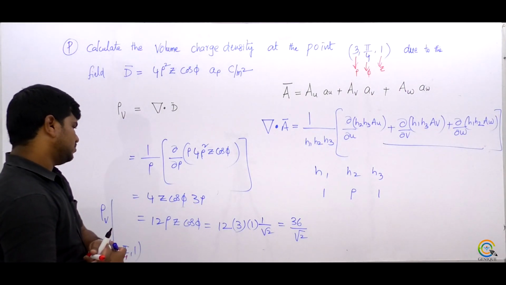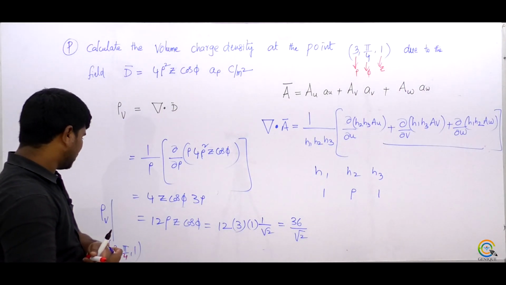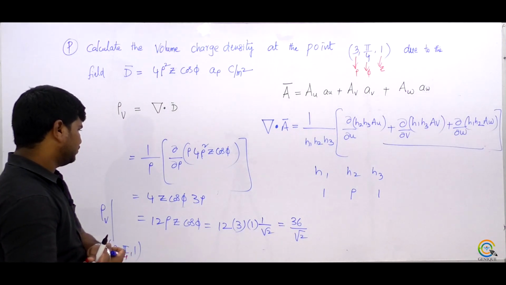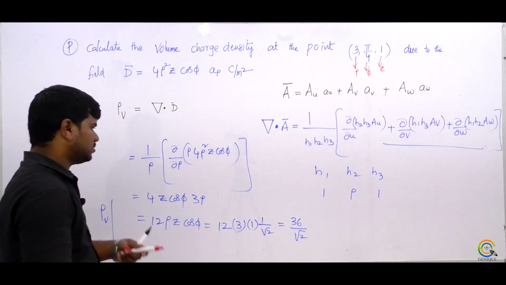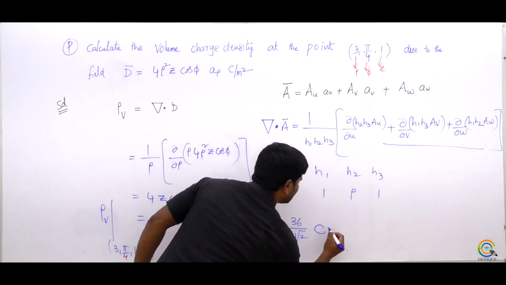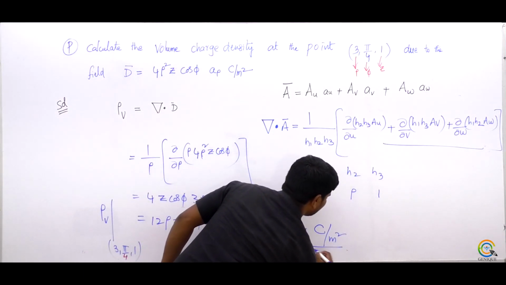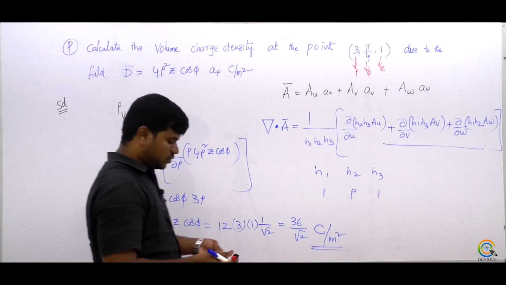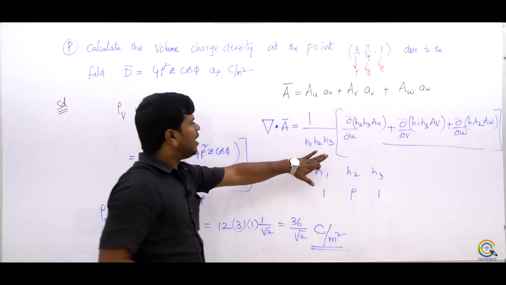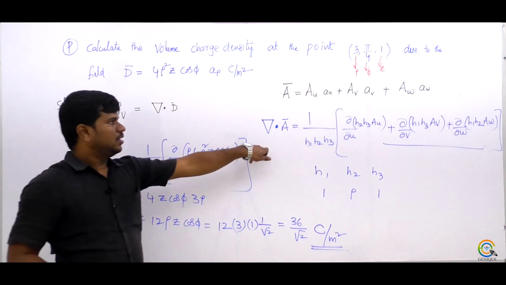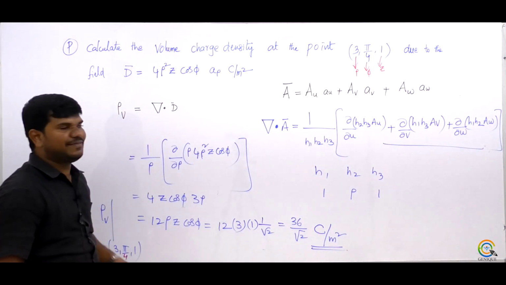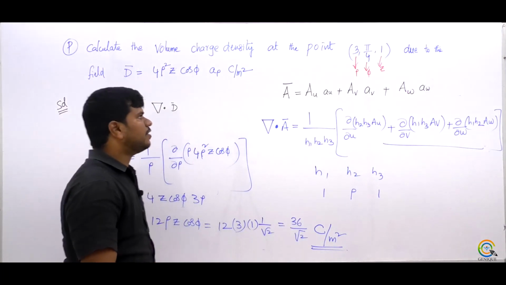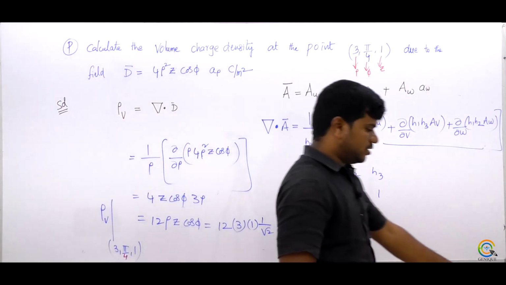36 divided by root 2. What are the units? Coulomb per meter square. Understand? So like this you have to approach. I have given this generalized expression for the divergence. The same kind of expression will be given for the curl also.